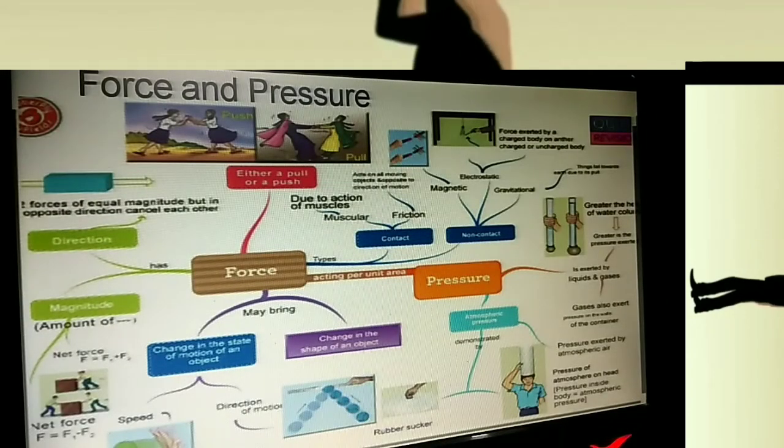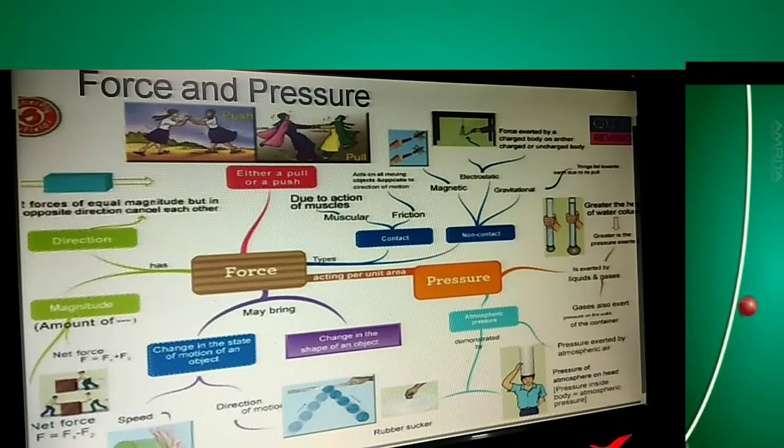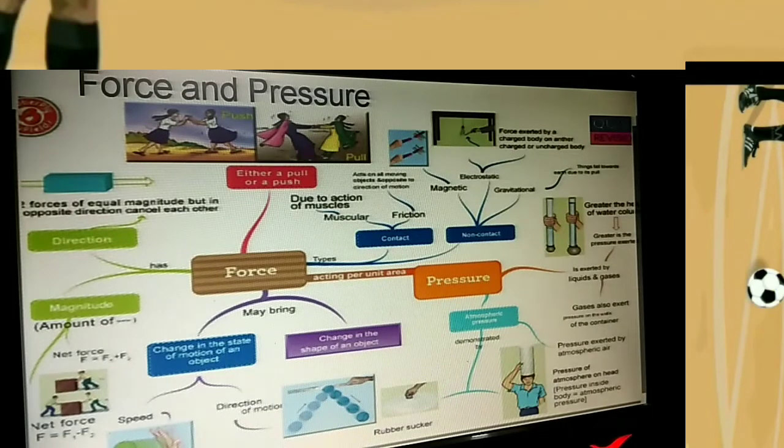The strength of the force can be expressed by its magnitude. The SI unit of force is Newton. This is after an English scientist, who is the father of physics, Sir Isaac Newton.